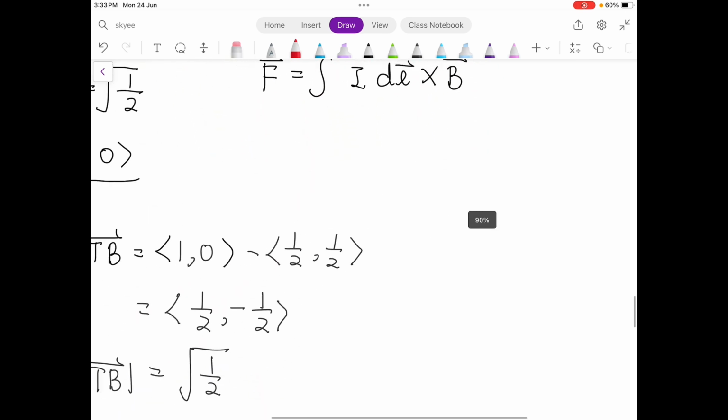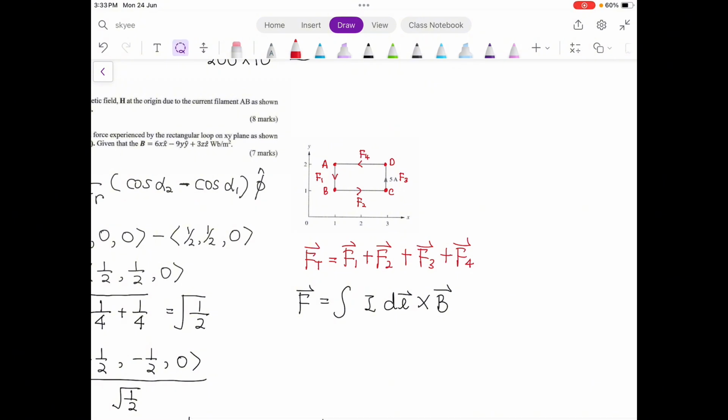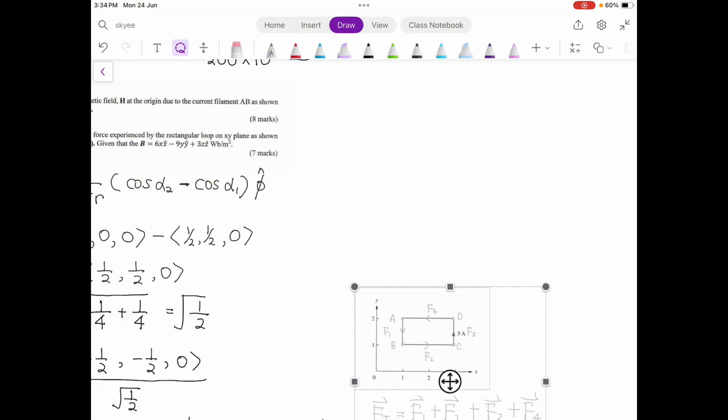Okay, so we will do it here. I think I will move this figure down there.